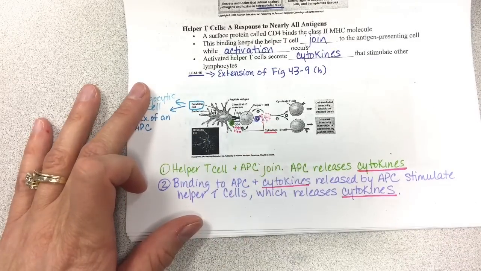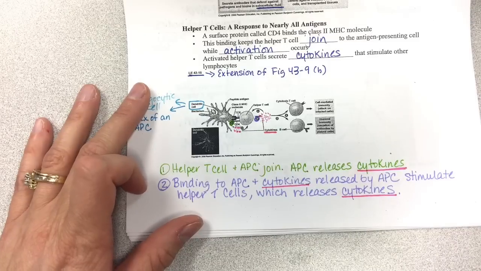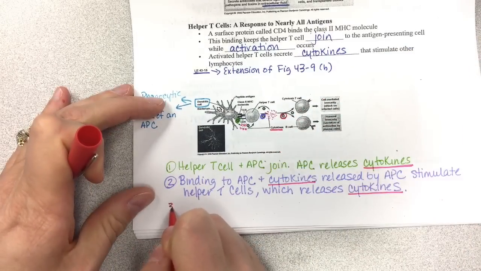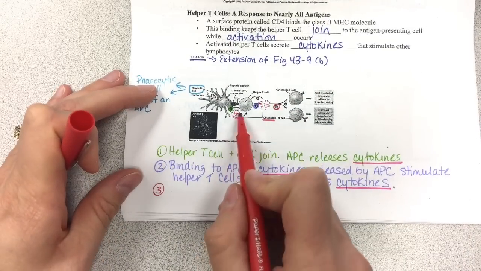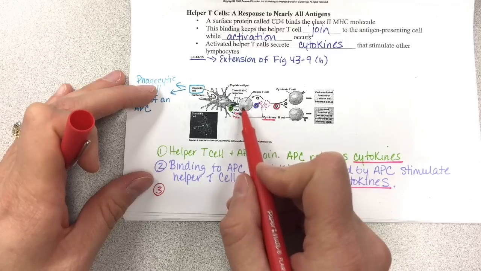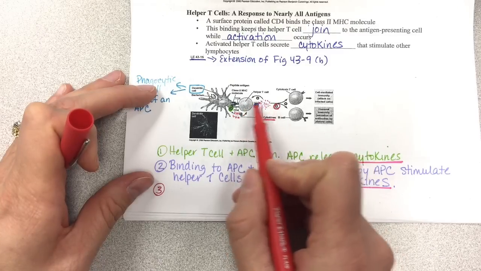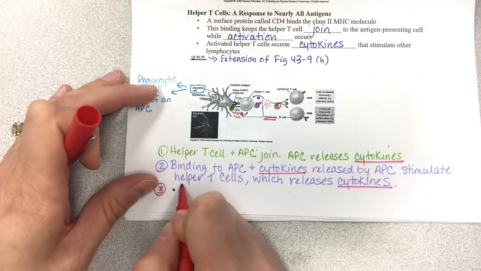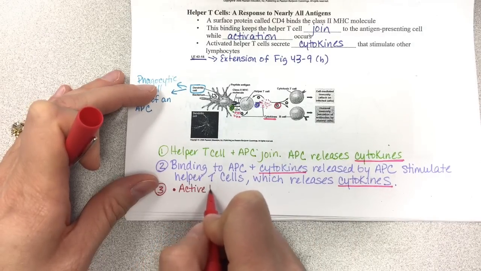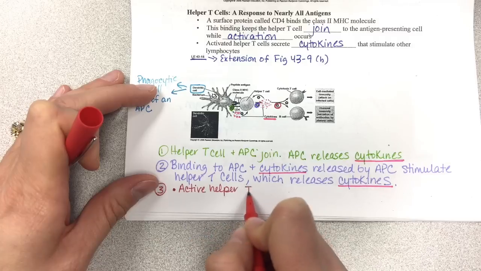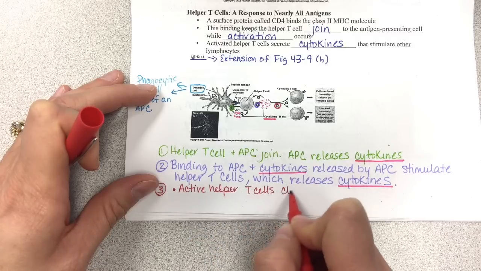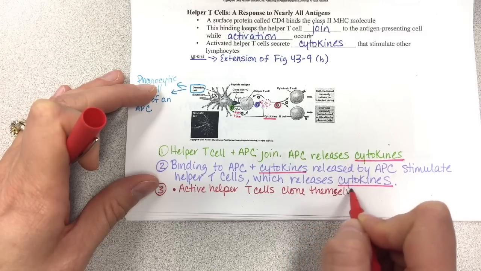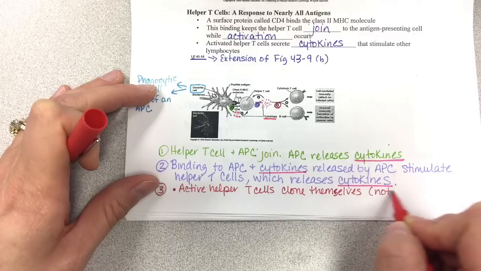Now step 3, let's talk about step 3. Let's do red for step 3 here. So I'm going to write something that's not shown. When the helper T cells become activated, they not only produce cytokines, but they divide and clone themselves. So I'm going to put here two things for this. Active helper T cells clone themselves. I'll put in parentheses that this is not shown.